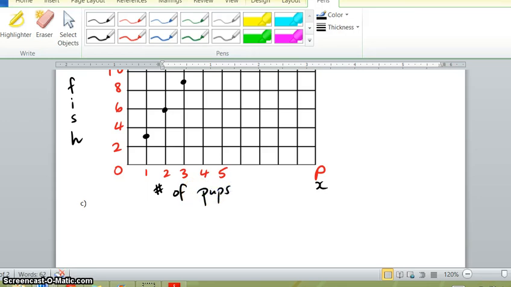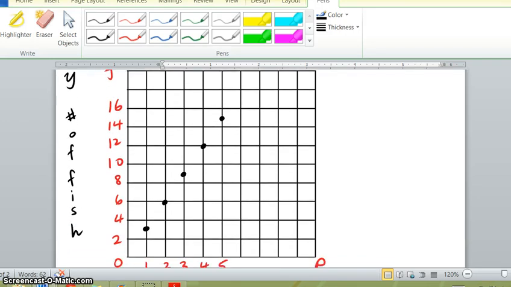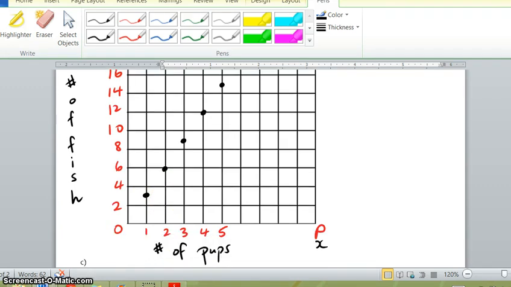Now you may also be wondering, how come we're not connecting the points here? Even though the points do fall into a straight line, so clearly you have a linear relation, the reason why you don't connect the dots to make a line graph is because you have number of pups versus number of fish. It's impossible to have 1.5 pups.